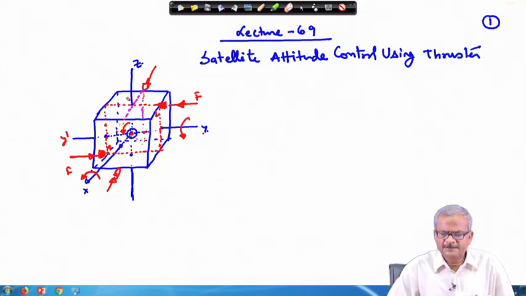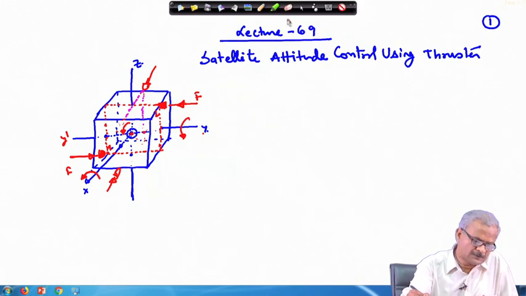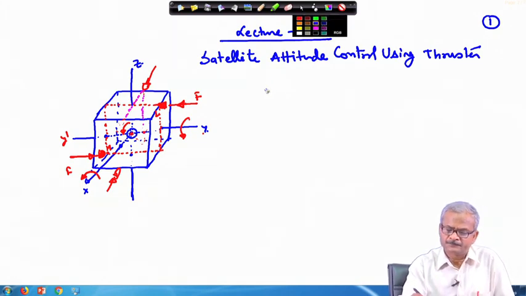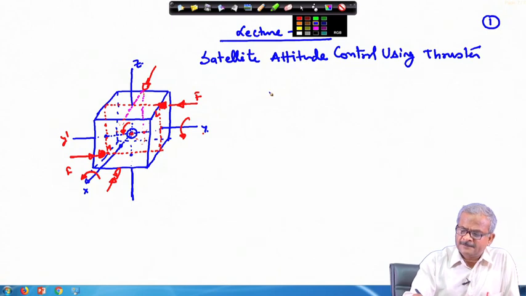Control using this is very simple, at least in the case of satellite dynamics which is linearized.